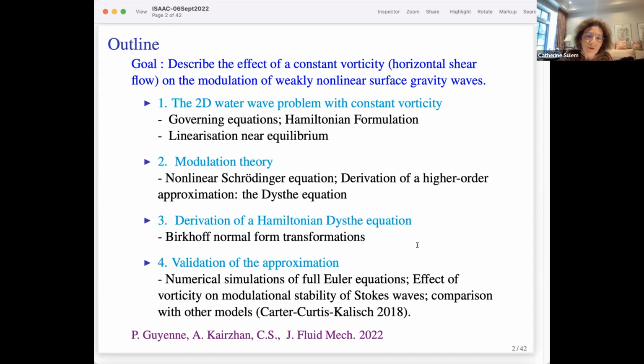In 2008, there was also a Dysthe equation derived by Carter, Curtis, and Kalisch, and that was also a way to validate our approximation and their approximation against the Euler equation. This work was done with my collaborators, Philippe Guyenne from Delaware University, Adi Bekkajan, a postdoc in Toronto, and the work will be published in Journal of Fluid Mechanics.